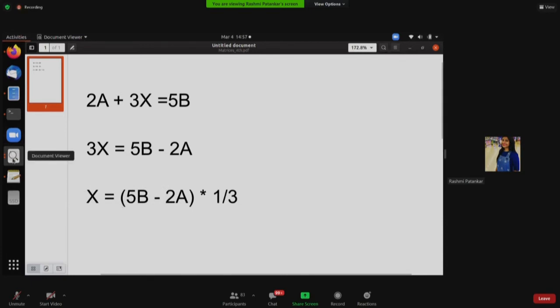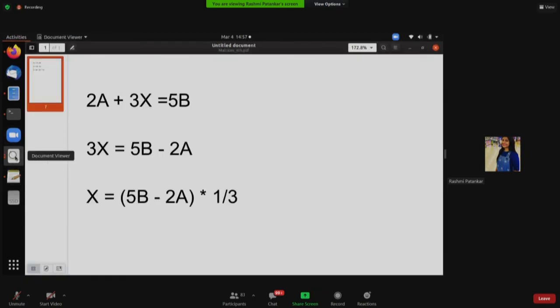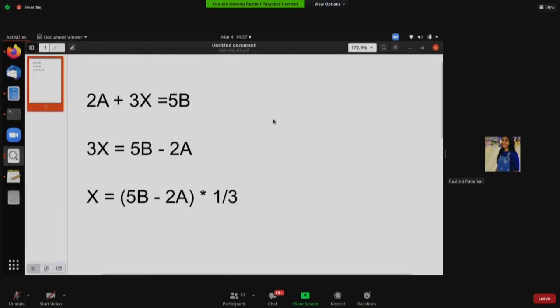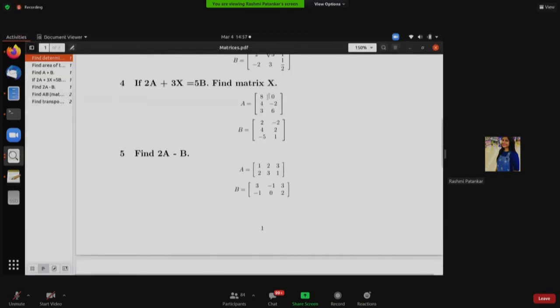So let's do that. Let me switch to the Scilab console, and let us first define matrix A. Here matrix A is a 3 cross 2 matrix. I'll define the matrix A. The first row is 8, space 0, semicolon. Semicolon is used to separate the rows, right?